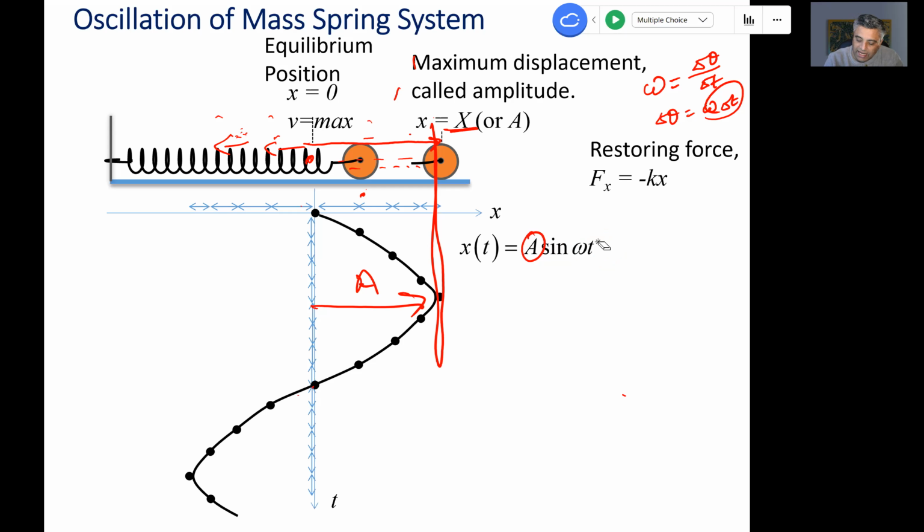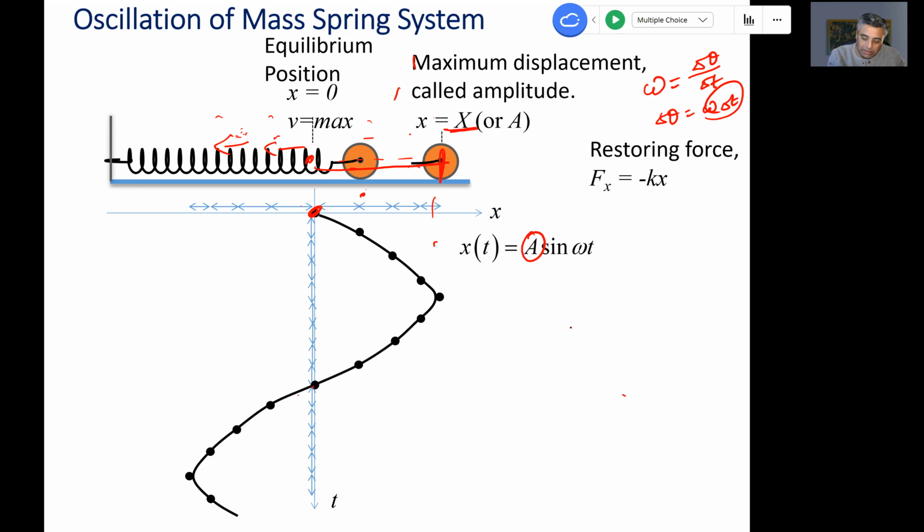So if that's the angle, what happens here? When it goes from here to here, it has gone through a quarter cycle. Half cycle is like 180 degrees. Quarter cycle means like 90 degrees, okay?